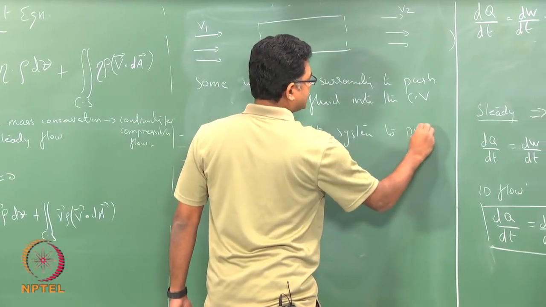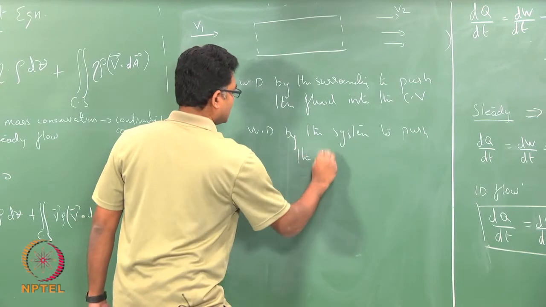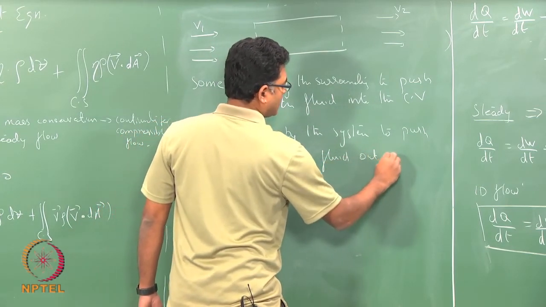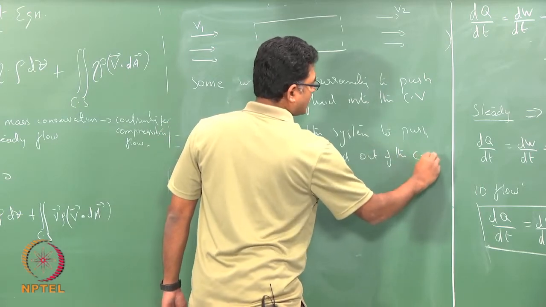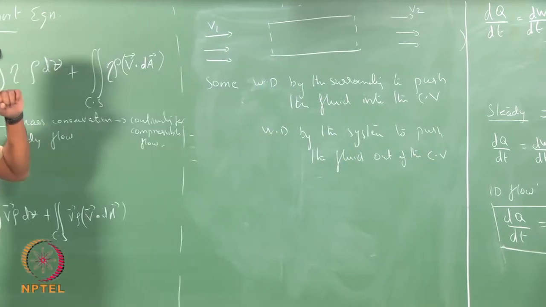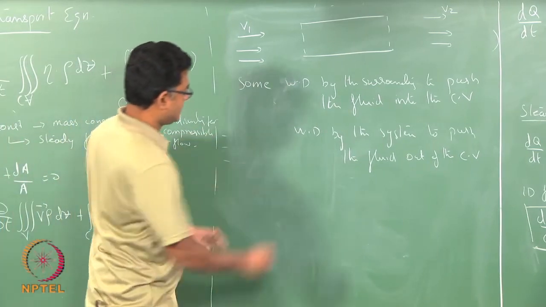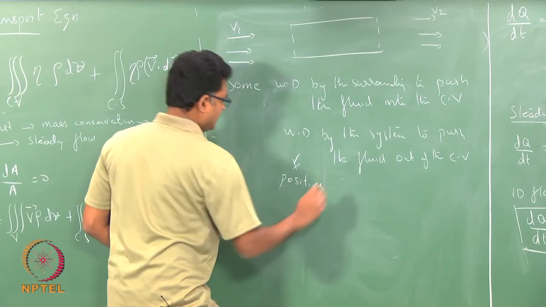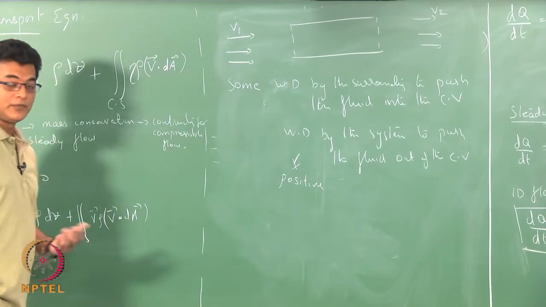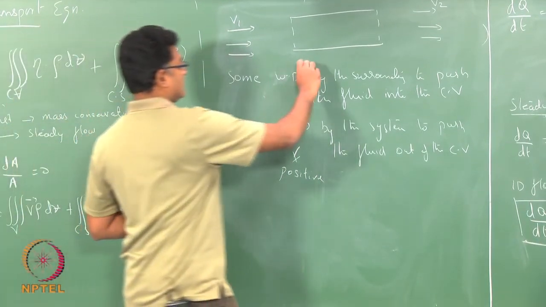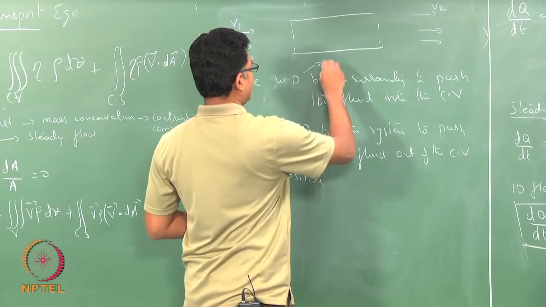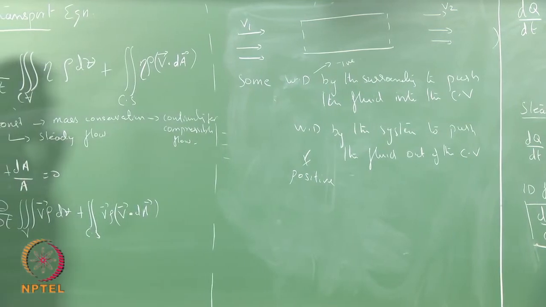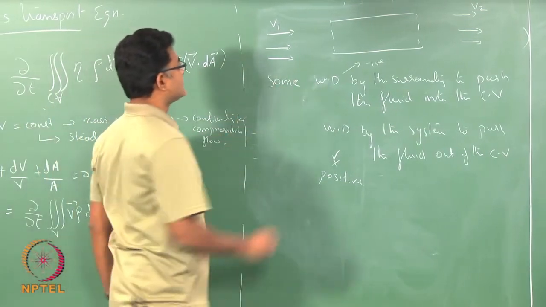Likewise, there is some amount of work done by the system, or by the control volume, to push the fluid out of the control volume. So, we take this one as positive and this one with a negative sign. Now, what is this work done?